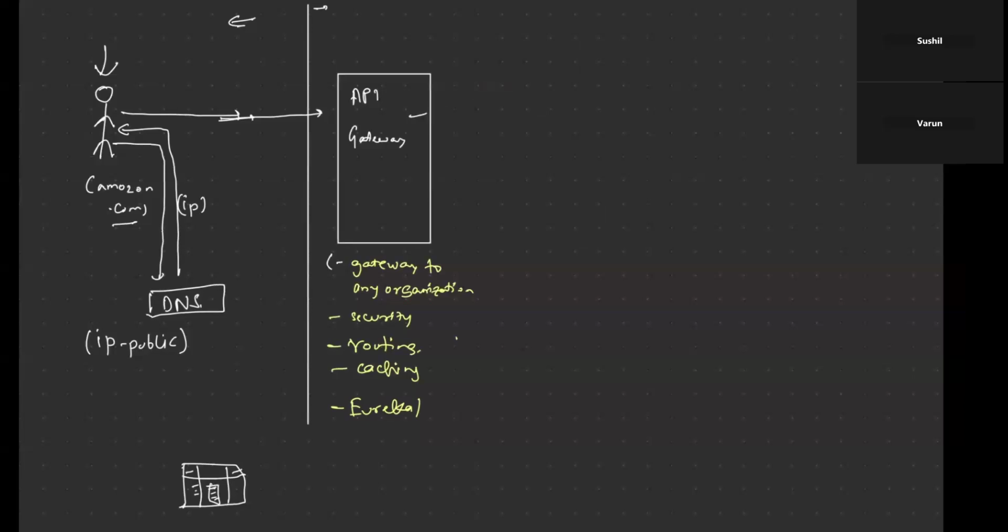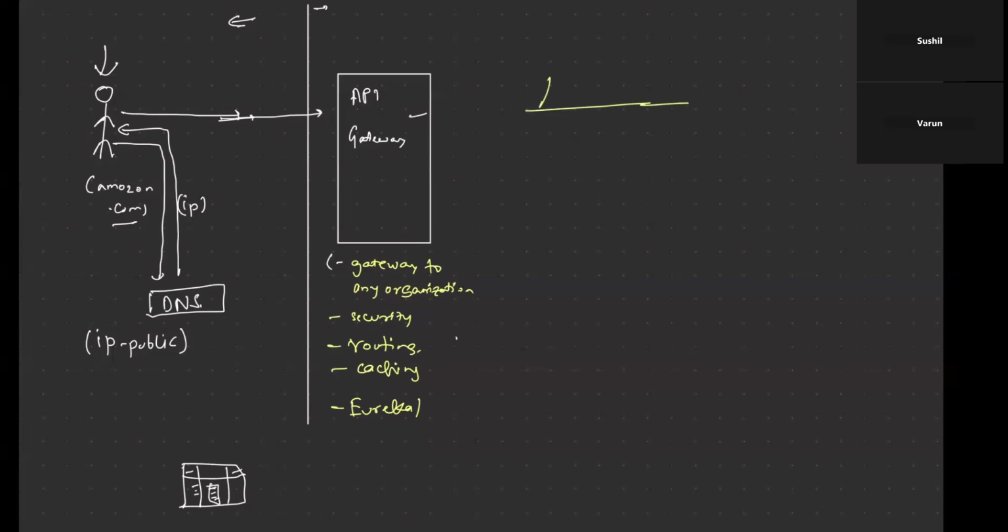So how does the API gateway decide which APIs to route to? That is business logic; the business decides how to route, but most of the time routing is on the basis of API version or service version.